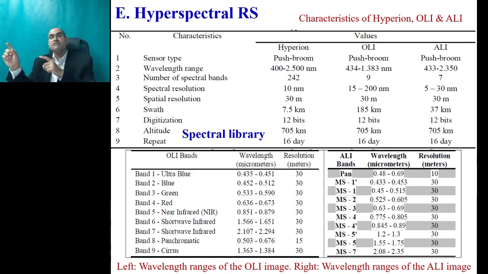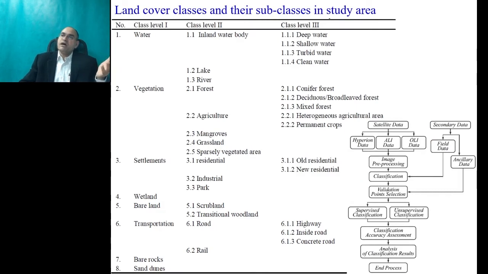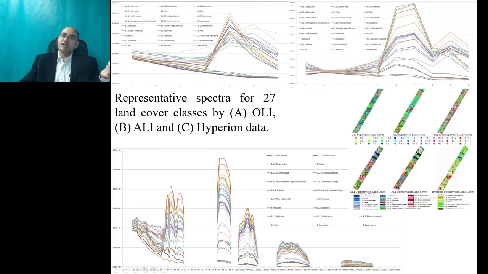So I was thinking, is it possible to classify all features with hyperspectral data in comparison to multispectral data? Here I compared hyperspectral data with ALI and OLI data, and I got this type of result. In hyperspectral data, each class is easily separated, but in multispectral data it was not possible.